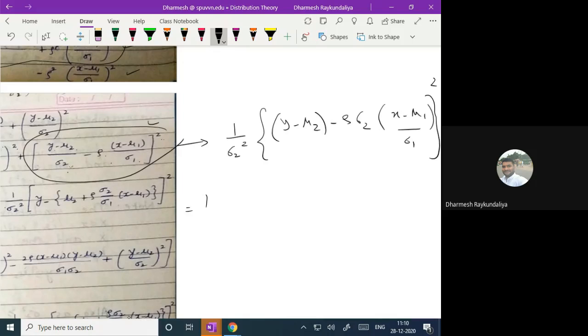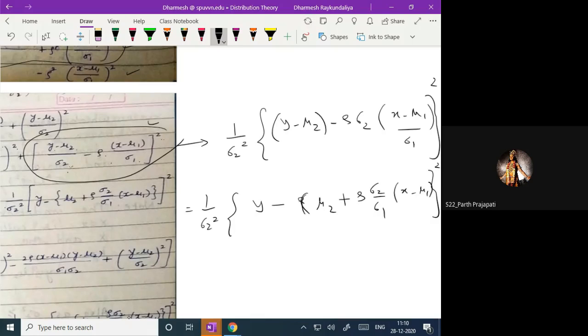So I can write it as 1 upon sigma 2 square. Can I write it as y minus this side? So it is minus mu2, and this is minus common, it is rho times sigma 2 upon sigma 1 (x minus mu1). Can I write? We can write it here, right? There, taking the minus common, it becomes mu2 plus this. Okay, so that is what is written.